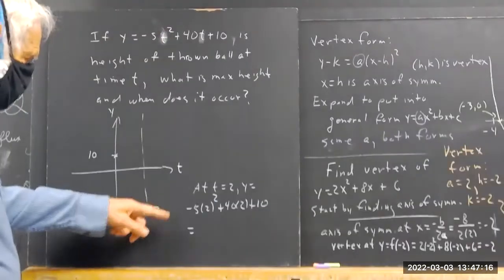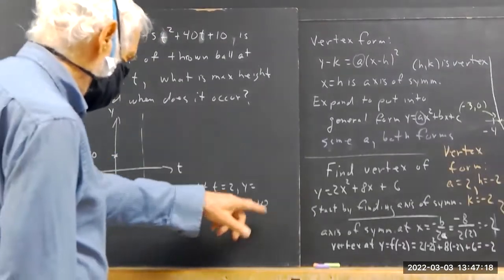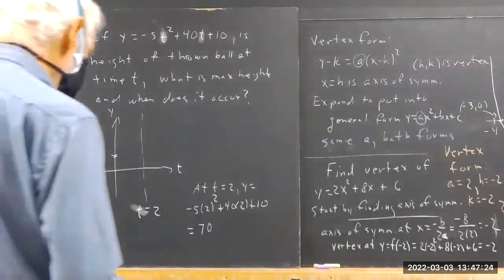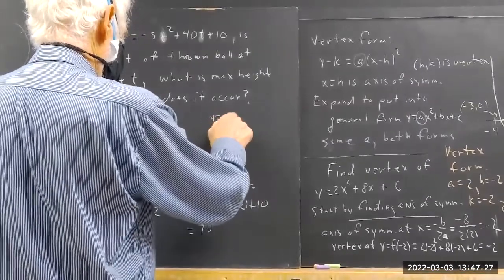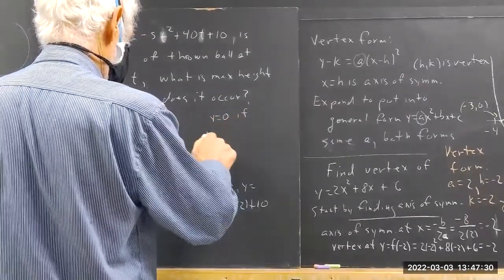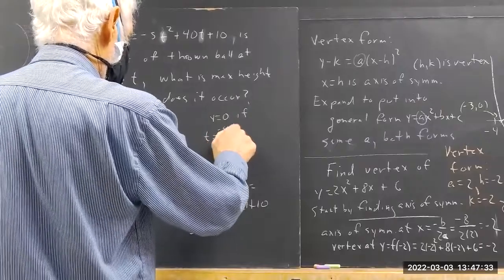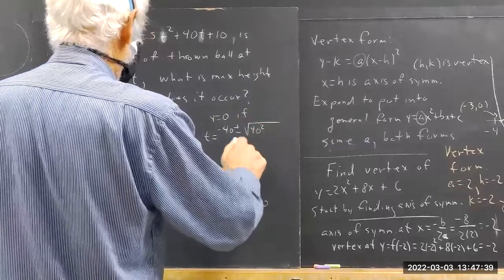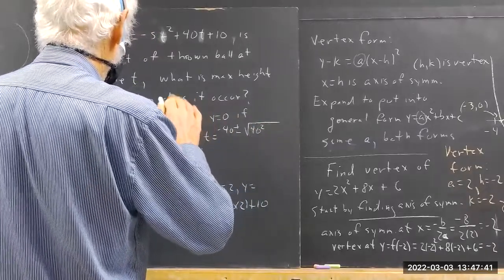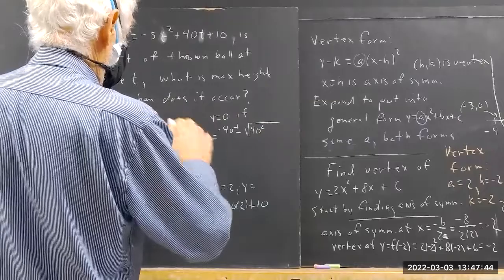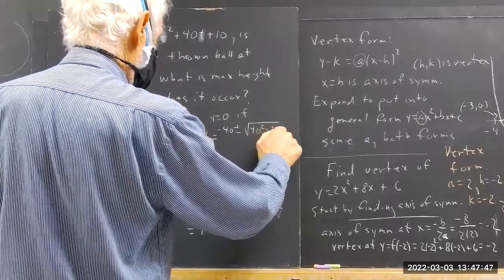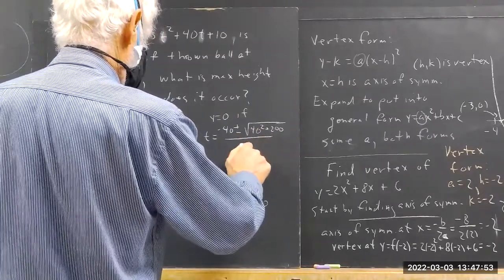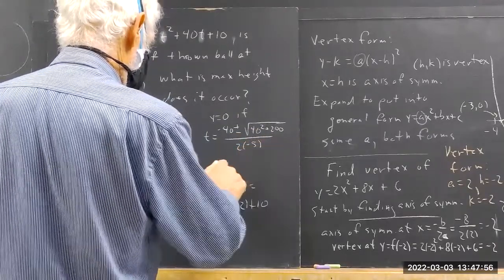y is this, and that equals what? Well, that's 4, that's negative 20, that's 80, 90, that is 70. y is 0, so t is negative 40, plus or minus the square root of 40 squared, and then minus 4 times negative 5, which is 20 times 10, plus 200 over 2 times negative 5.